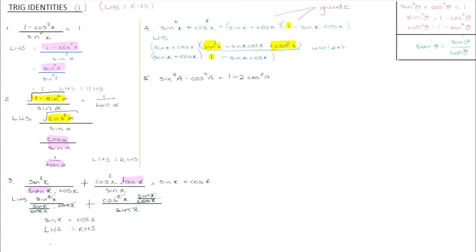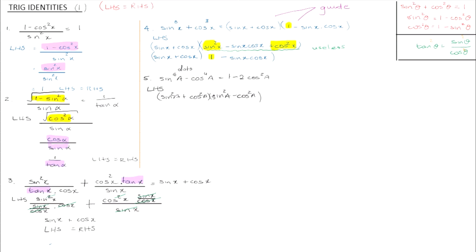Right, the next one, the left-hand side, I see dots. I see high powers. It's normally left that we try and get to right, but it doesn't have to be. So I'm going to do the dots, which is going to give me sine squared A plus cos squared A and sine squared A minus cos squared A. Right, so my dots here have given me what is called a conjugate pair.